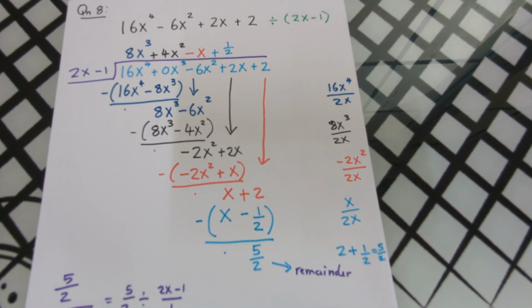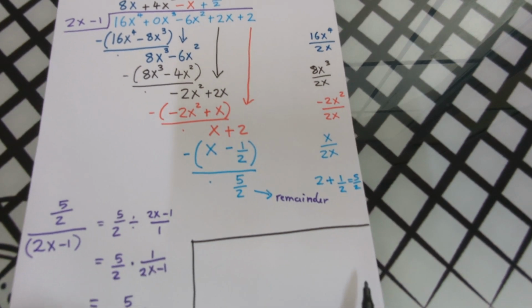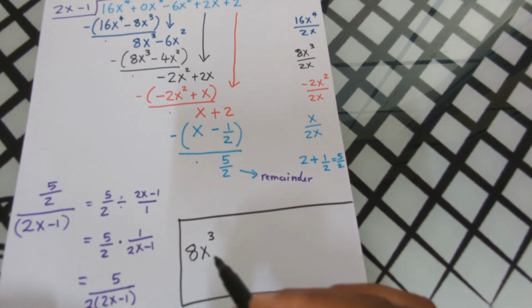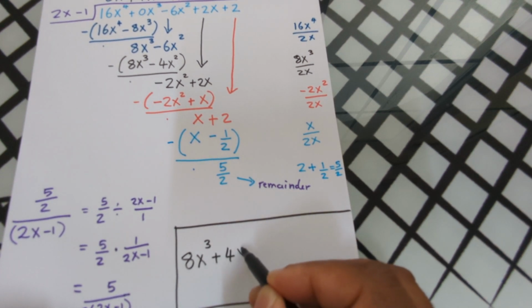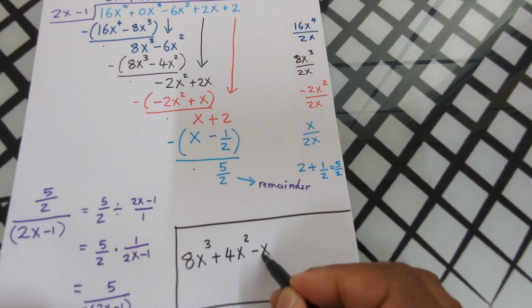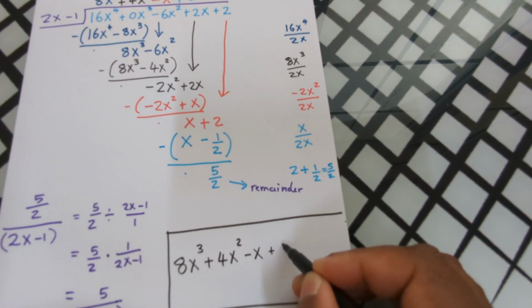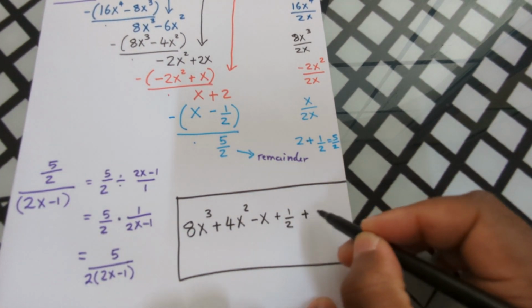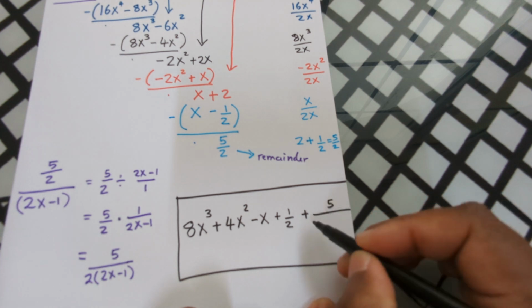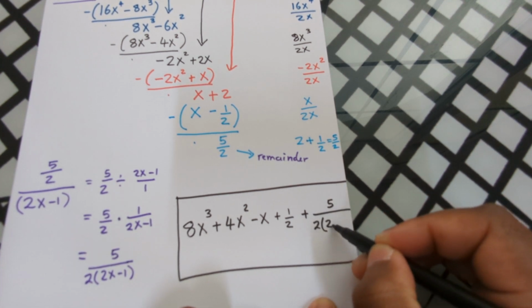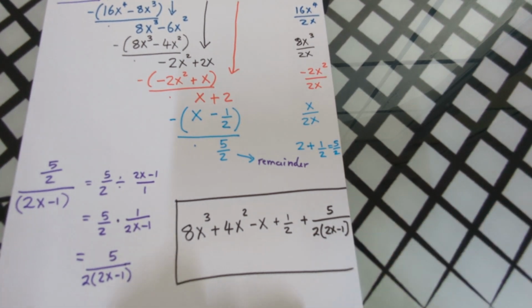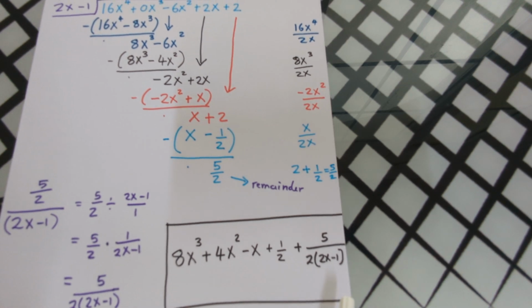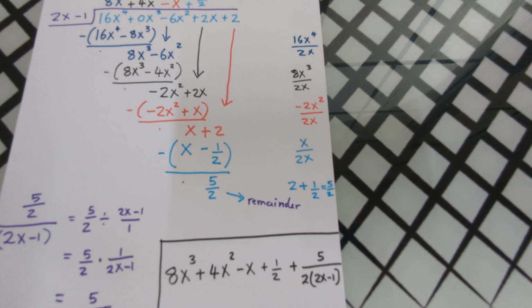So we are going to write our final answer as 8x to the power 3 plus 4x to the power 2 minus x plus 1 over 2 with our remainder of positive 5 over 2 open bracket 2x minus 1 close bracket. So this is our final answer for question number 8. That's it.